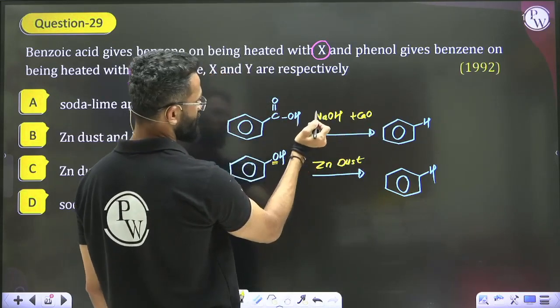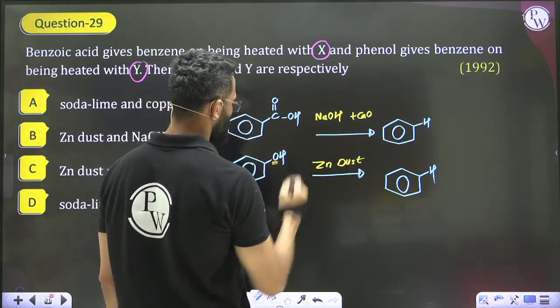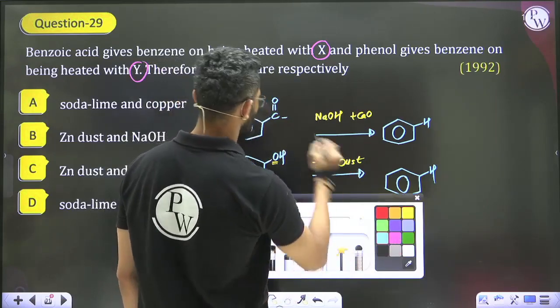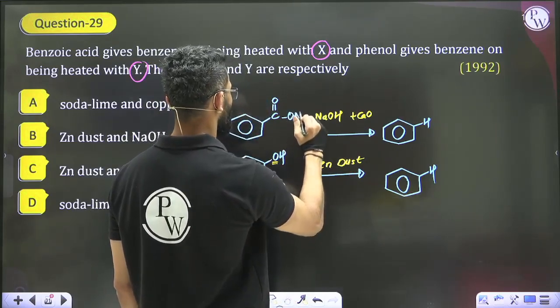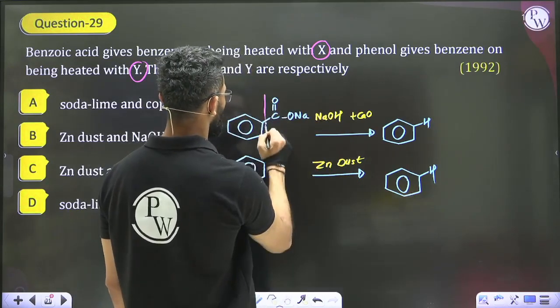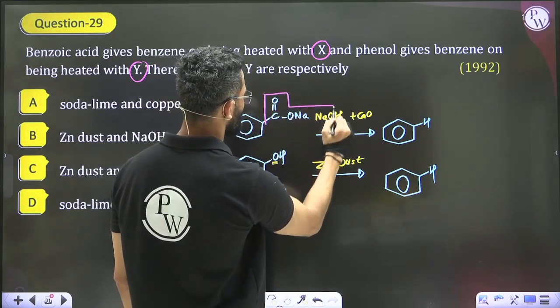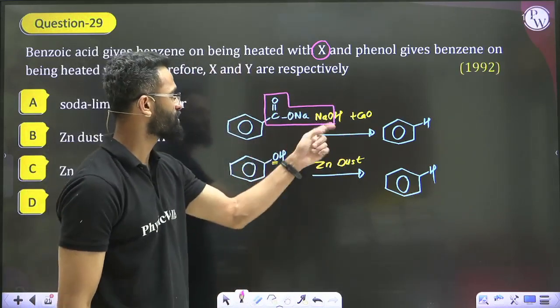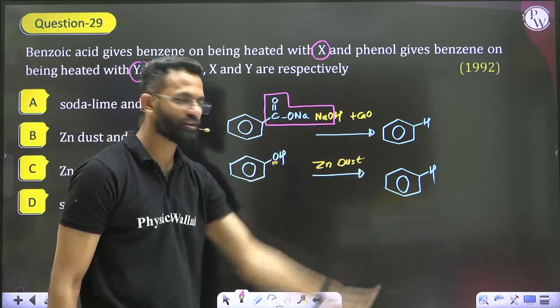So first NaOH reacts with this benzoic acid and converts it into sodium benzoate. So this we write as COONa. And now upon heating with soda lime, it will eliminate Na2CO3, sodium carbonate. So H will satisfy this valency to give you benzene.